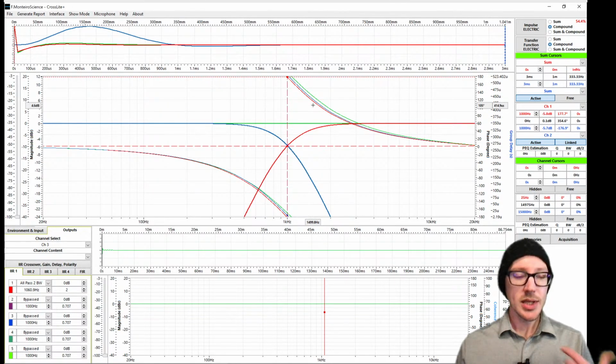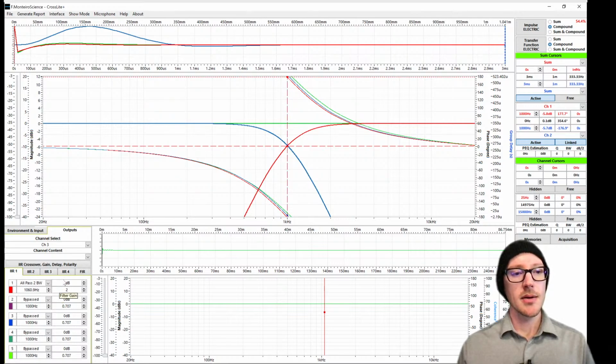I think there's one last thing I wanted to share with you guys, which is the bandwidth. I don't know if you can see these tiny numbers down here, but this is a 2 octave wide. The bandwidth is 2. The number is 2 down here.